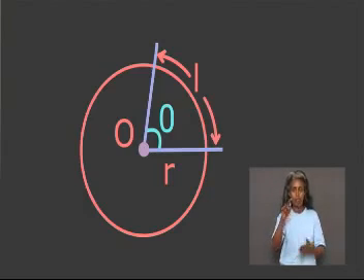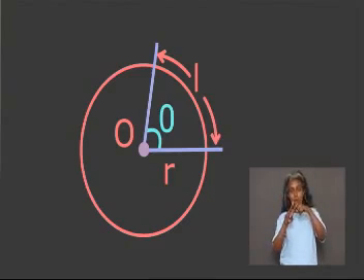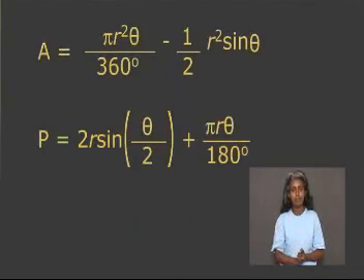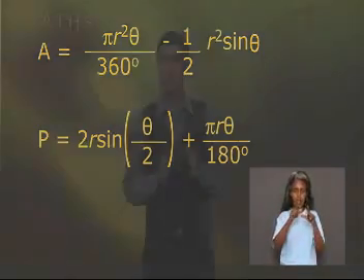The perimeter is twice the radius plus pi times the radius and the angle divided by 180 degrees. The last formula is the biggest one. It gives us a method for finding the area and perimeter of a segment. You see that it factors in the sine of the angle as well.